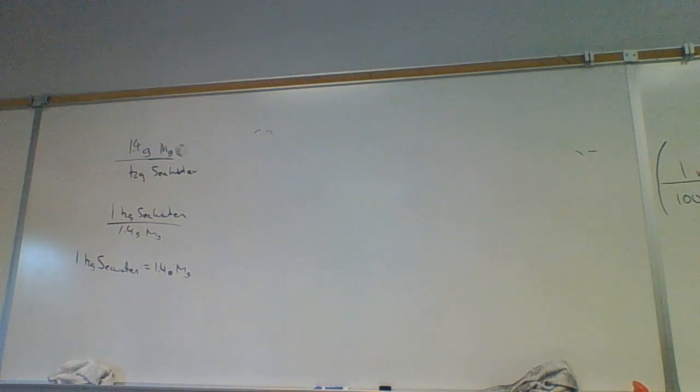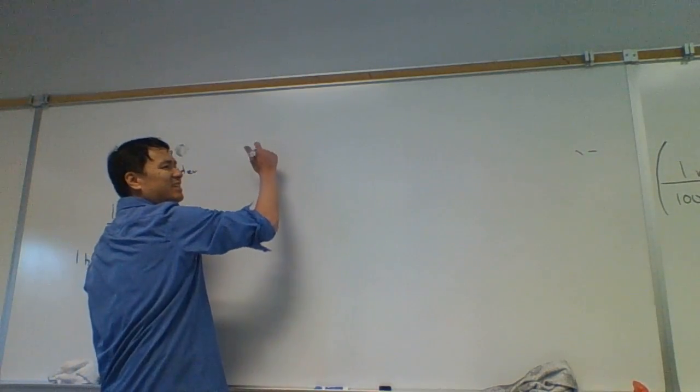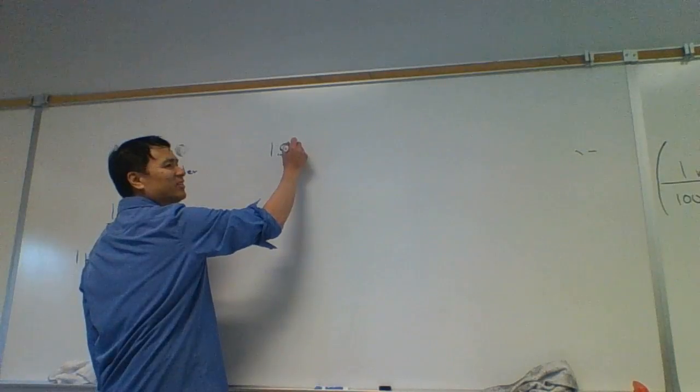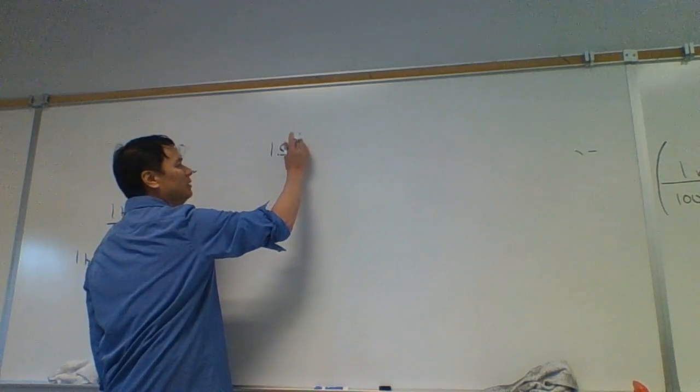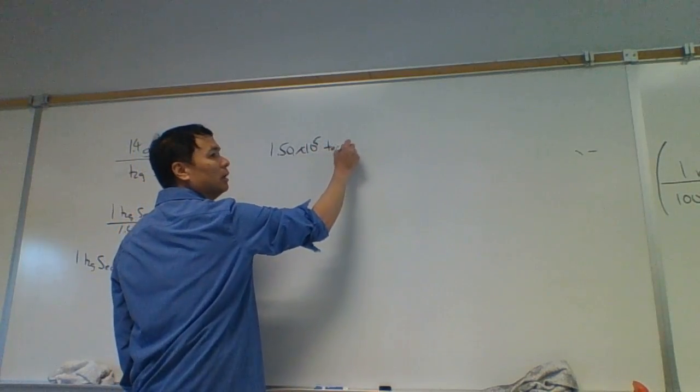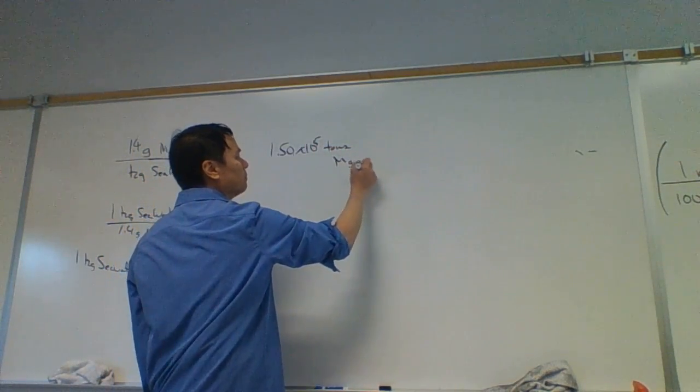So what volume of seawater in cubic meters would have to be processed to produce 1.50 times 10 to the 5th tons of magnesium? And so in this example, what we want is 1.50 times 10 to the 5th tons of pure magnesium.